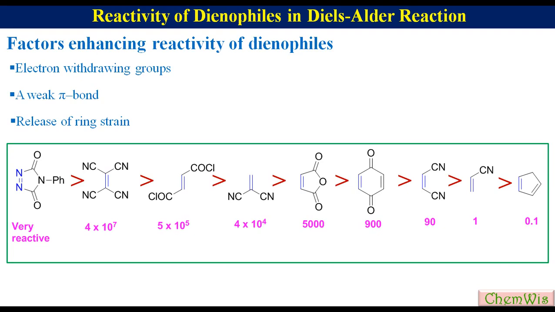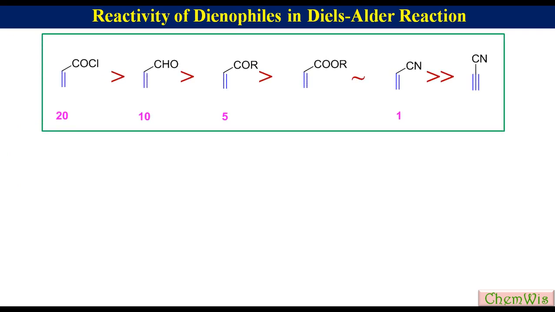This is one more series in which monosubstituted dienophiles are arranged according to their relative reactivity with respect to acrylonitrile, where we can see that the reactivity increases with the increasing electron withdrawing tendency of the substituents.